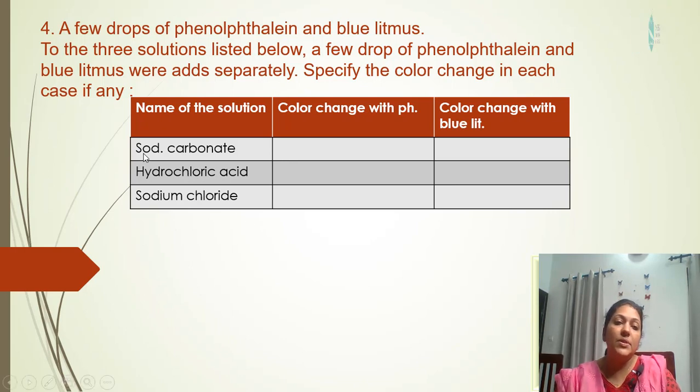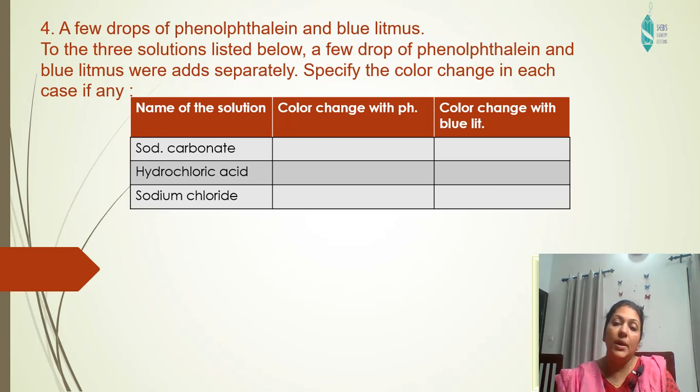So here the given solutions: the first one, sodium carbonate, is a base, hydrochloric acid is an acid, and sodium chloride is a neutral substance, isn't it? Neutral solution. Here we know that phenolphthalein is a colorless indicator which shows pink color in basic media, while it remains colorless in acidic and also in neutral media.